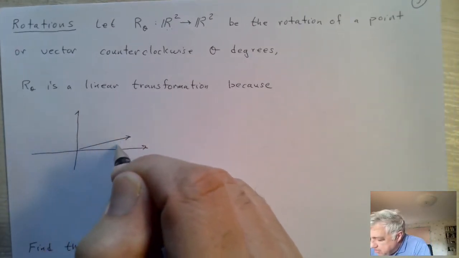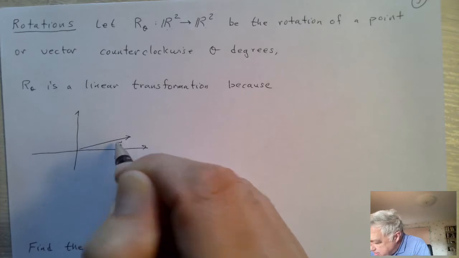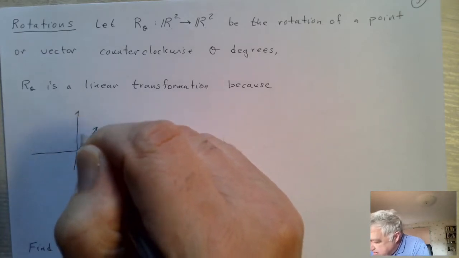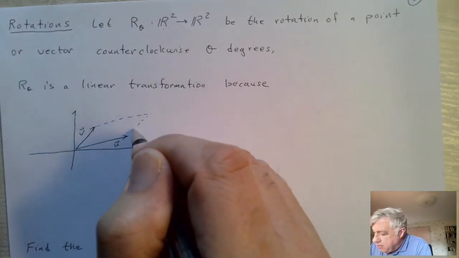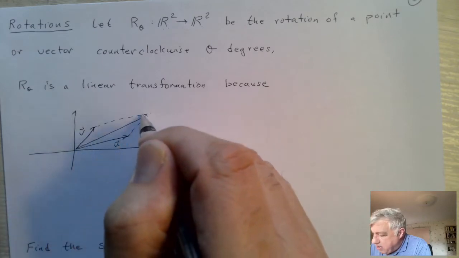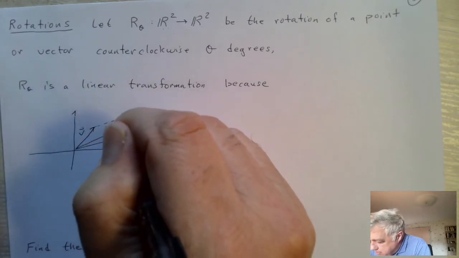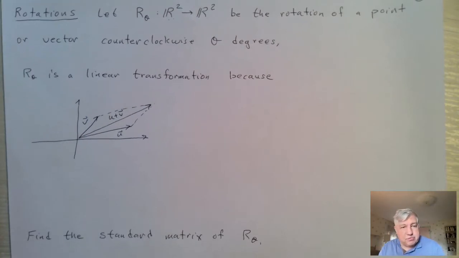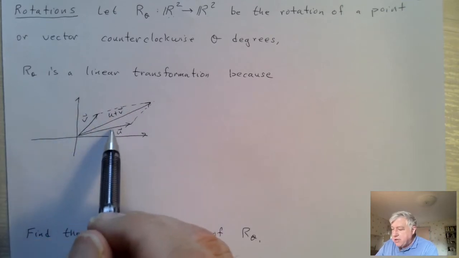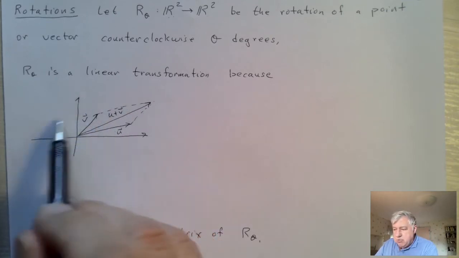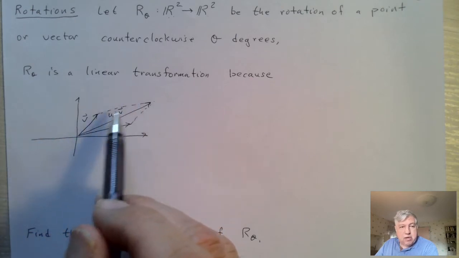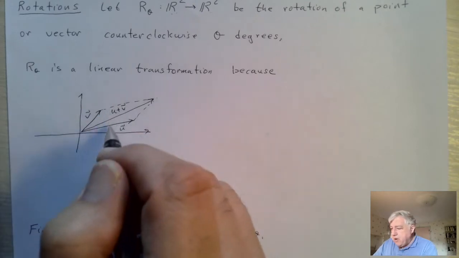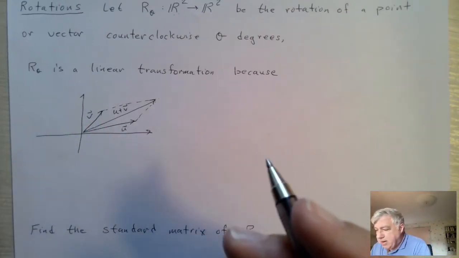If we have a vector u and a vector v, the sum can be seen as the diagonal of the parallelogram that the two vectors form, right? So if you rotate u and v through theta degrees, then at the same time you're rotating u plus v, because all of these are going to be moving at the same time.